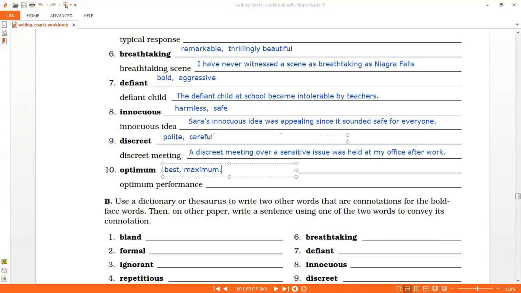So the sentence would be: the dancers gave optimum performance at the concert. Or at the theater.